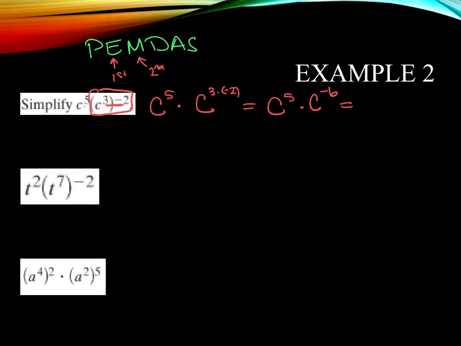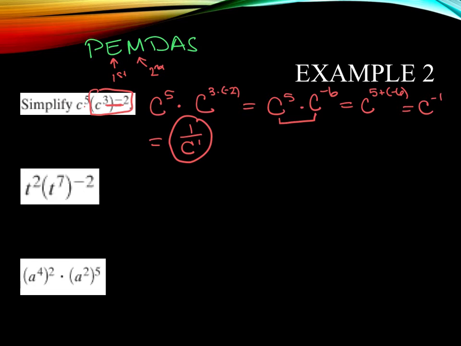If you remember, when I have the same bases and they're being multiplied, I'm going to add my exponents. So this here is going to give me c to the 5th plus a negative 6, which is c to the negative 1st. And then, of course, I have to take care of that negative exponent, which is going to give me 1 divided by c to the 1st. And this here then would be my final answer.